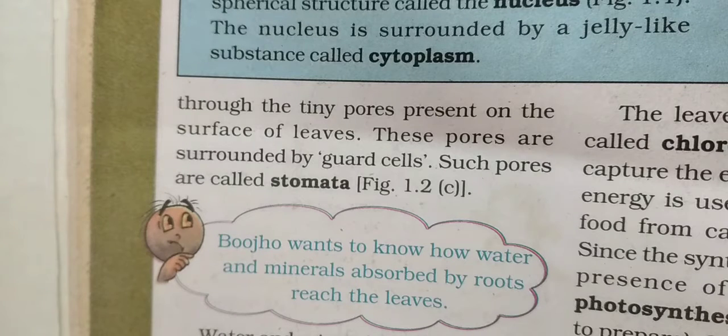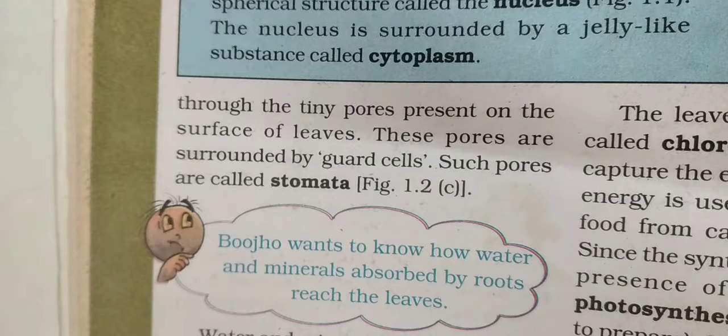At the same time, they can give away oxygen during the process of photosynthesis. Now this oxygen, from where does it come in the plants? During photosynthesis, during the chemical reactions, when the starch is getting ready, that time oxygen is released, and the plant doesn't keep it in itself, it throws it out through these pores which are called stomata.